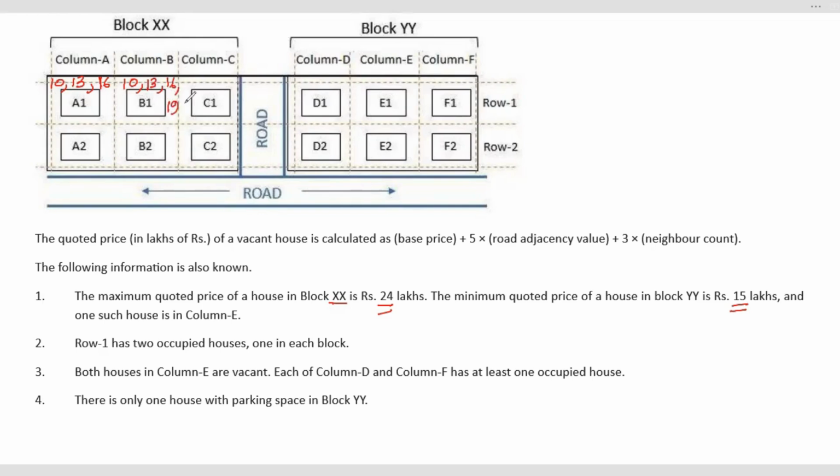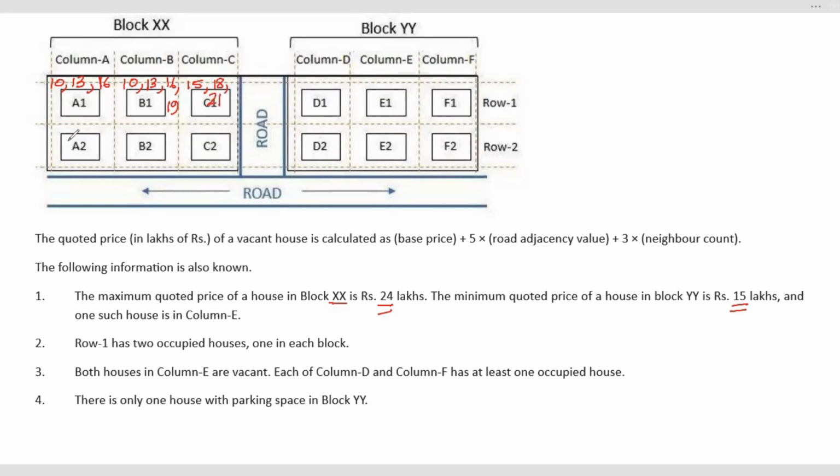And the addition of 2 is possible for parking. For that, every value is added with 5. So 10 plus 5, 15, the basic value, then 18, either one neighbor or two neighbors. These are the two values. So 15, 18, and 21. These are the values possible.